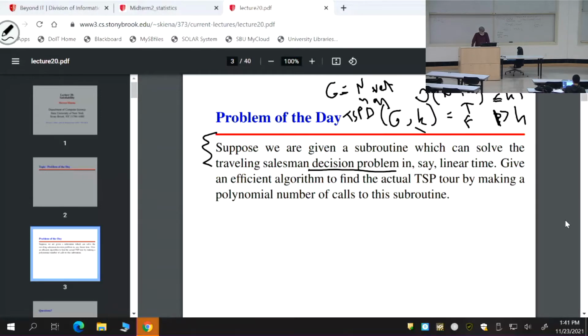Now, how would you use that subroutine to reconstruct the actual traveling salesman tour? I give you a graph G and I want to find the TSP tour in that graph. How do I find it using this yes-no thing?